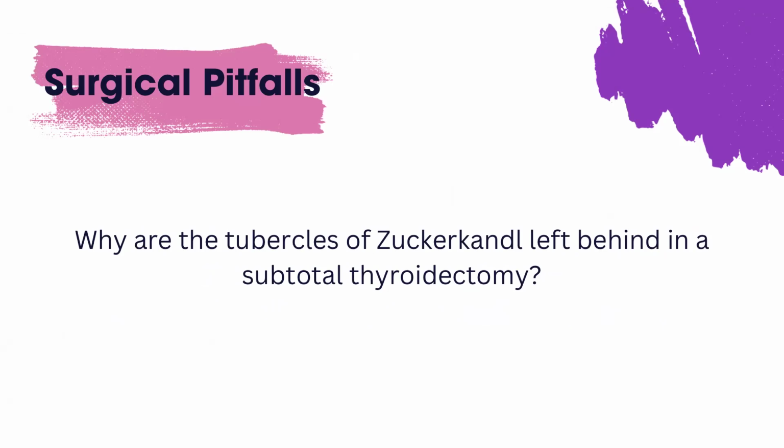Dr. Clifton's saying that if it's a bad injury, other than just hoarseness, you can get aspiration and difficulty swallowing. Okay. All right, you're performing a subtotal thyroidectomy and you want to leave the tubercles of Zuckerkandl behind. Does anyone know why? There's something that runs close to them that you don't want to injure.